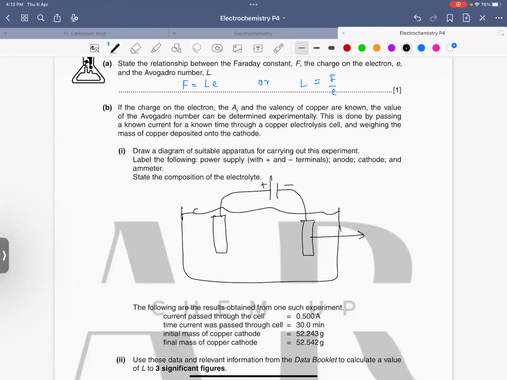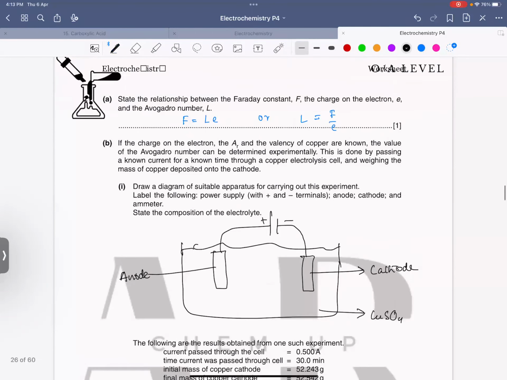So that is your cathode, and here it is the anode. That is aqueous copper sulfate solution, right?